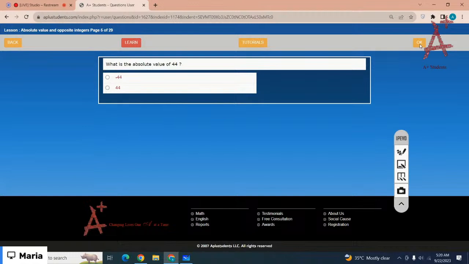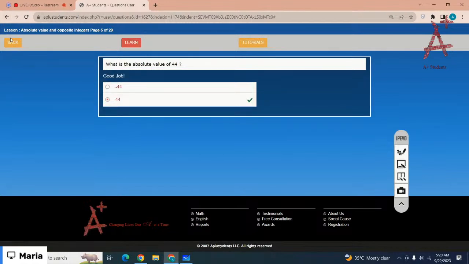What is the absolute value of 44? The correct option is 44, right? Okay, you can complete the lesson by yourself later today. Let me just move on to the next lesson, right?